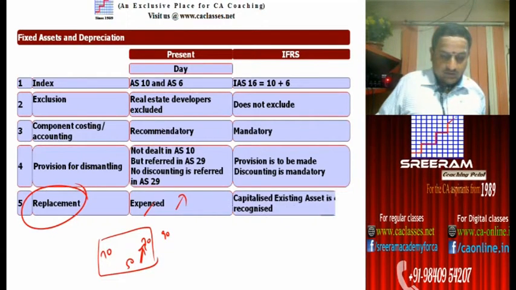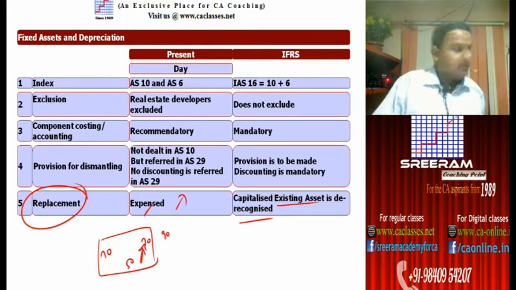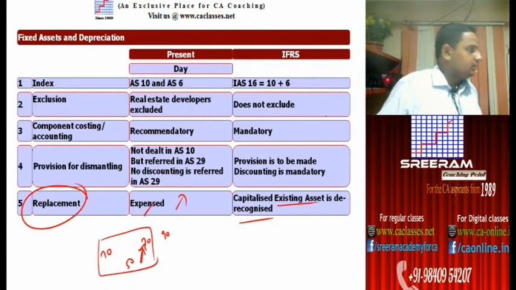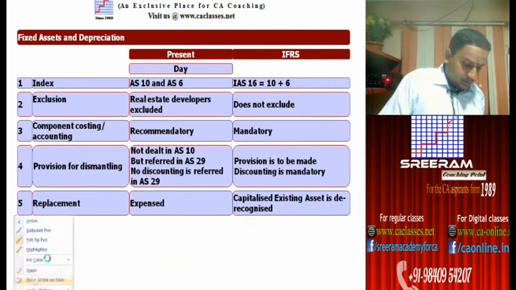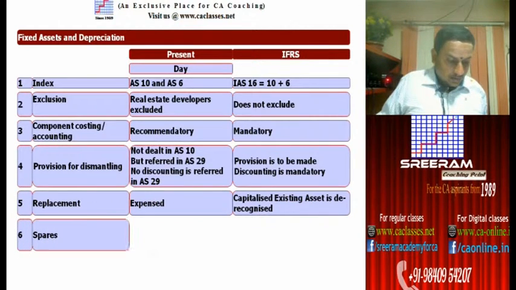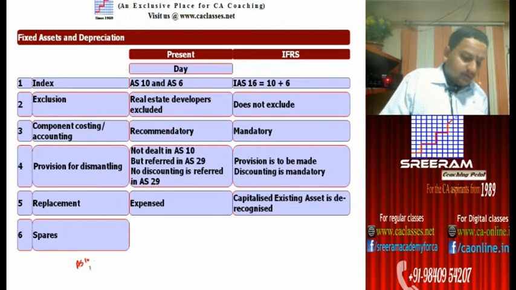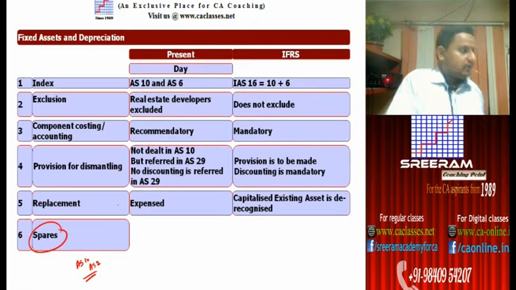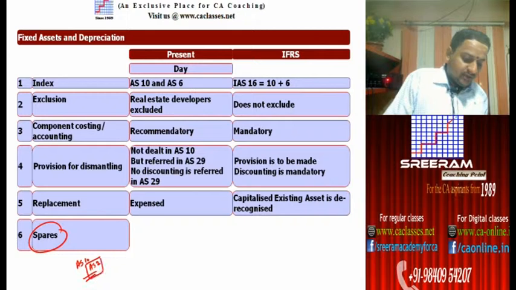But IFRS says the existing asset is de-recognized, and the new asset, or whatever replacement we have done, should be capitalized. Then spare parts: AS 10, the present standard, read with AS 2 also. If the spares are specific to an asset, we need to add it to the cost of the asset. Suppose it is general in nature, initially we should treat it as inventory stock.